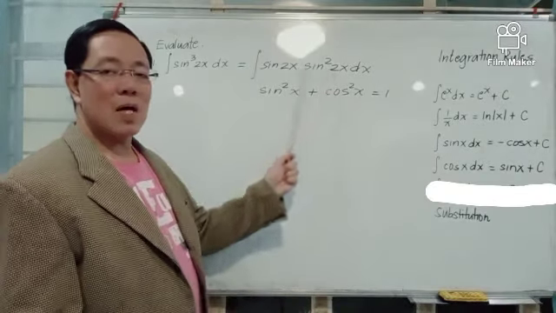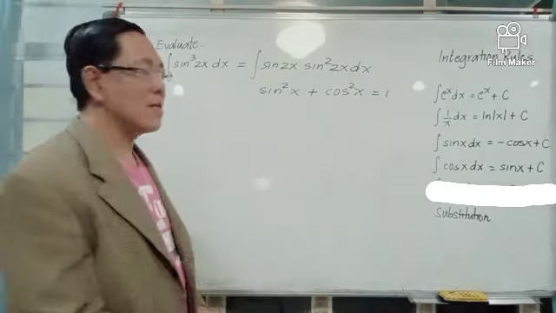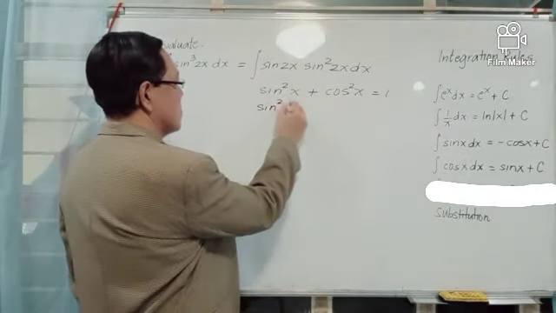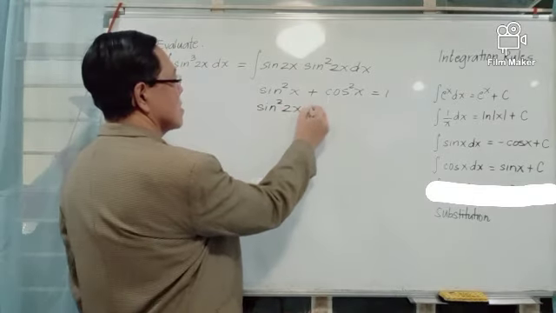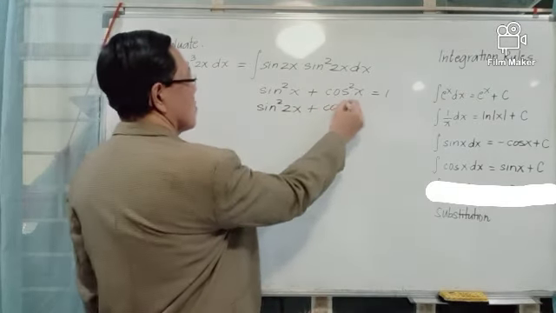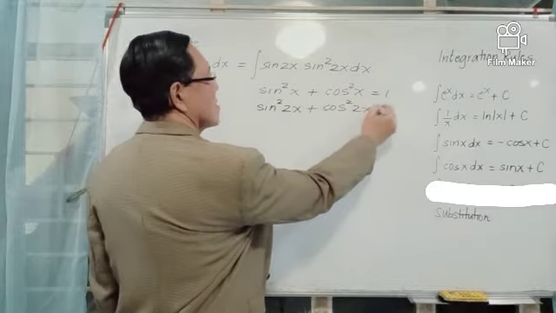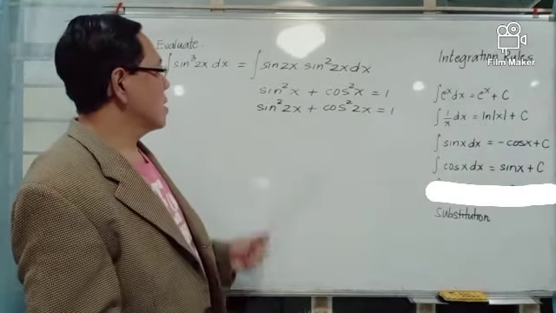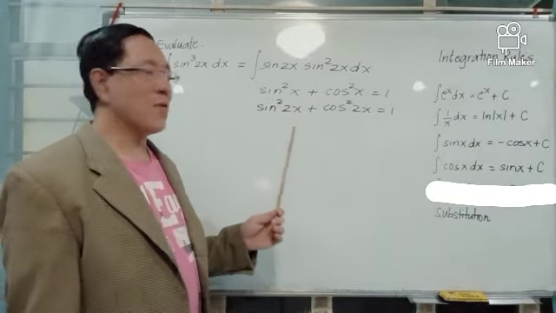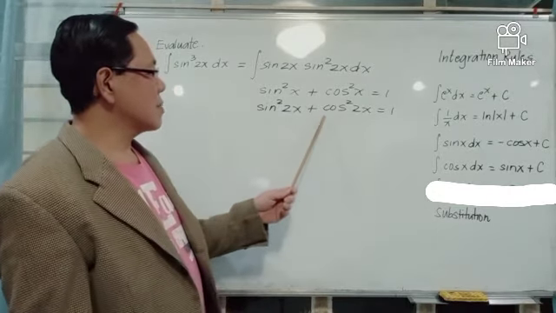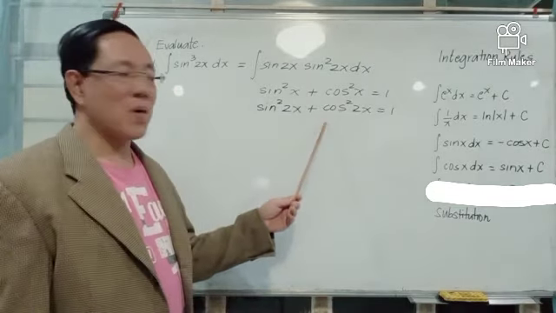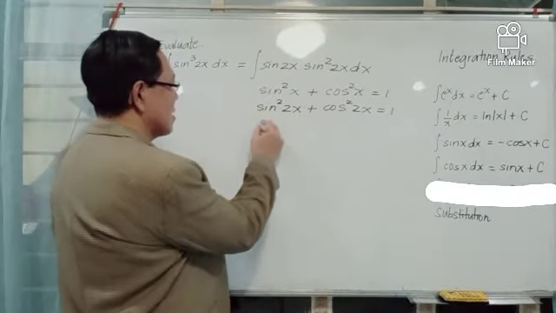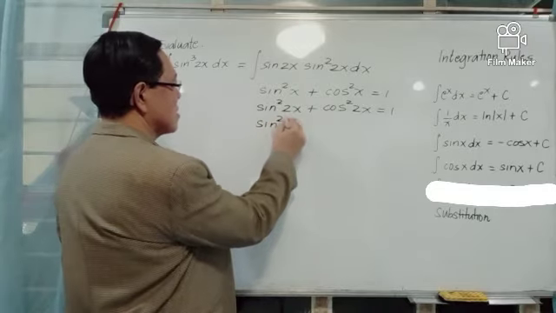In terms of 2x, this Pythagorean identity says the square of sine 2x plus the square of cosine 2x is equal to 1. And from this equation, we solve for the square of sine 2x by transposing cosine squared 2x to the right-hand side. Hence, we get the square of sine 2x.